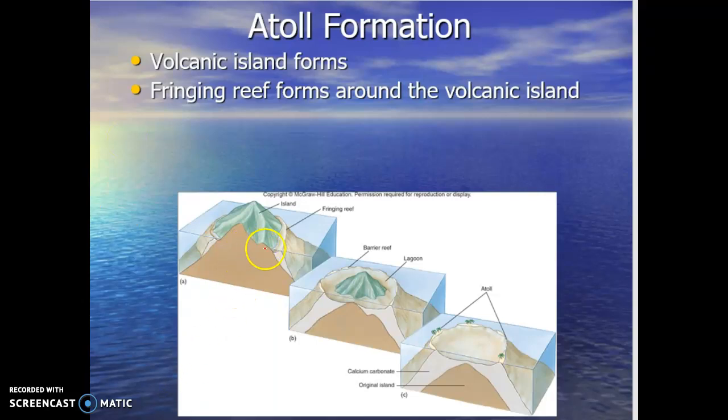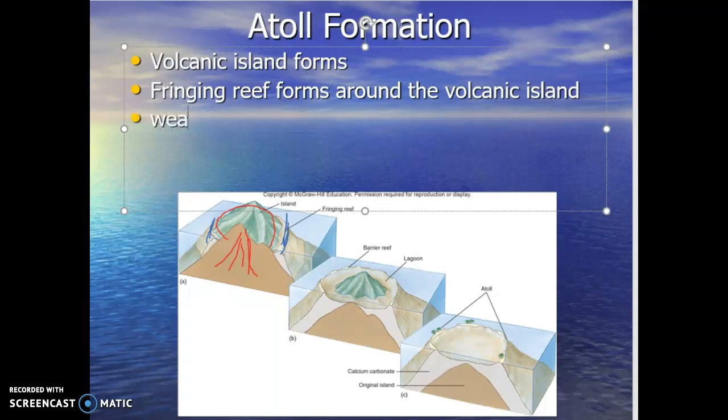Alright, so here's the volcanic island. That would be the volcano, little magma chamber, pushes up. That's why we get the island. And then you get the fringe reef starting to form on the perimeter of the volcanic island. So it gives you, in a sense, a ring of reef around the volcanic island.